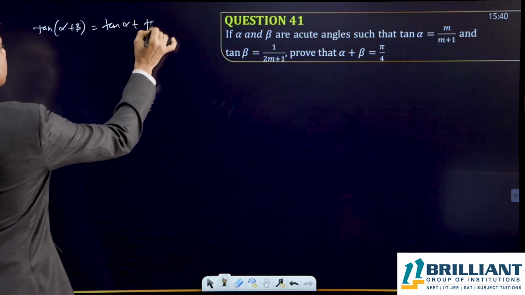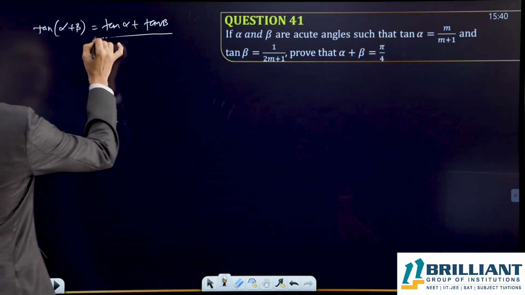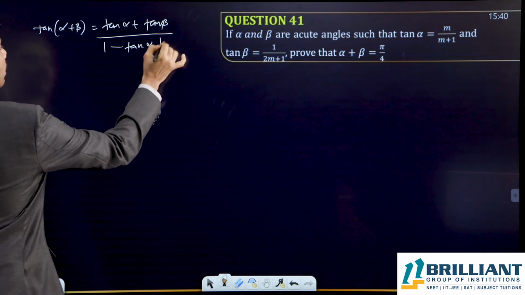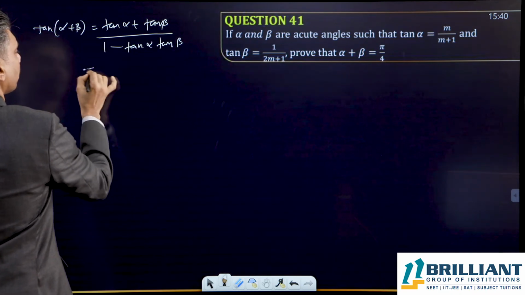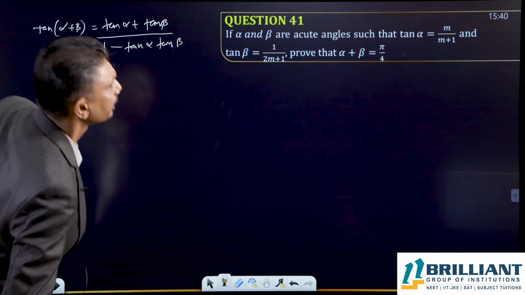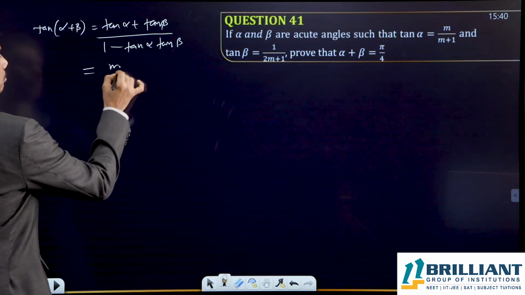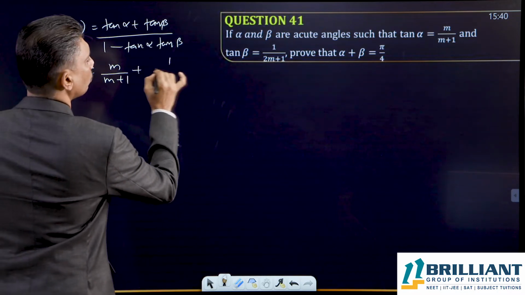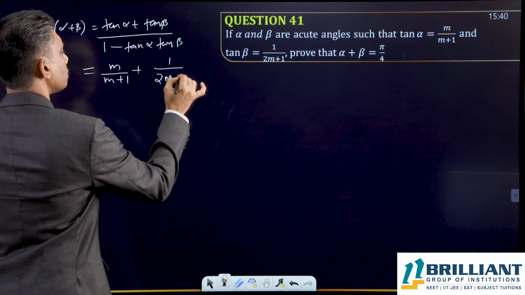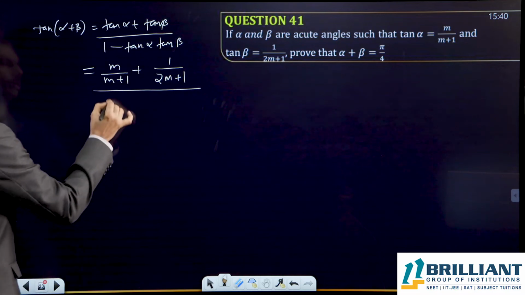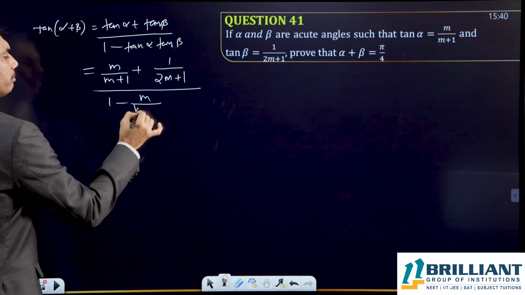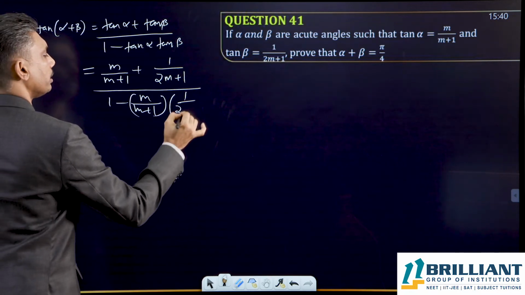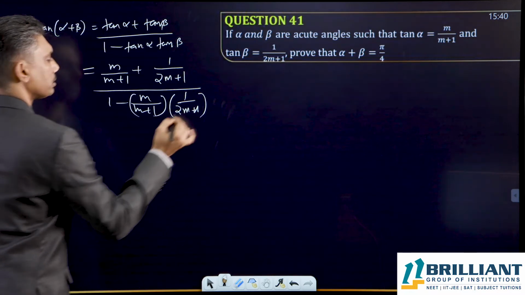Tan alpha plus tan beta by 1 minus tan alpha into tan beta. What is tan alpha? M by m plus 1 plus 1 by 2m plus 1 by 1 minus m by m plus 1 into 1 by 2m plus 1.